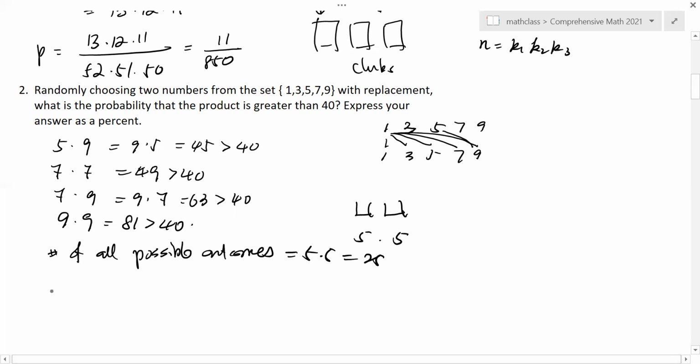Now, the number of desired outcomes, you can count them, right? How many of them? 6. Because 5 and 9, 9 and 5, 7 and 7, 7 and 9, 9 and 7, and 9 and 9. So total 6.